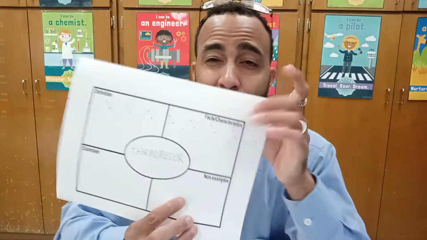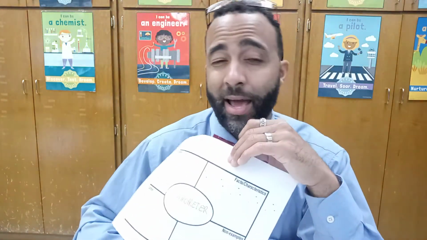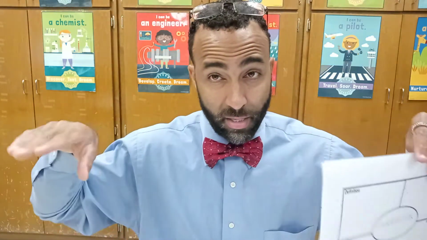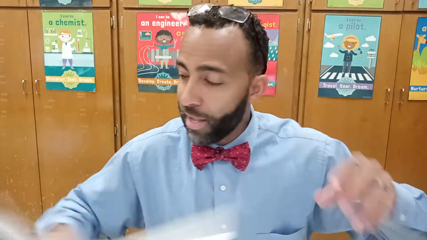Whatever has happened to you, give me an example, and then give me a non-example, like a thermometer is not used for fill in the blank. You're going to do the exact same thing for temperature, and you will have two Frayer models that evidence that you understand these two concepts.